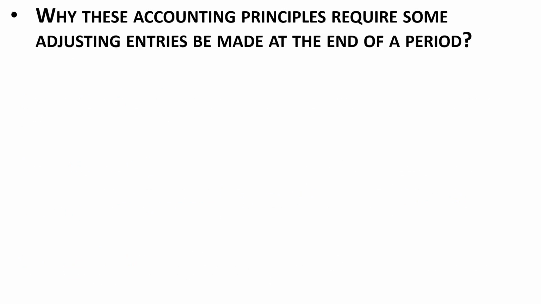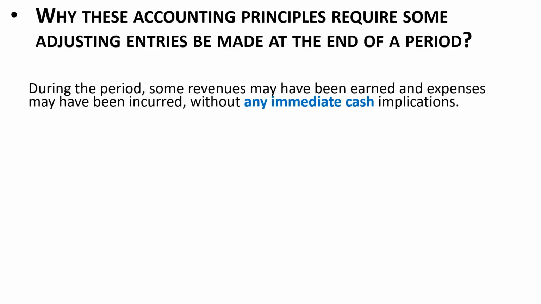Why do these accounting principles require some adjusting entries to be made at the end of a period? You would see that there are some adjusting entries needed at the end of the period before you prepare financial statements. Why? During the period, some revenues may have been earned and expenses may have been incurred without any immediate cash implications. Normally when cash is leaving, we are sensitive to that.